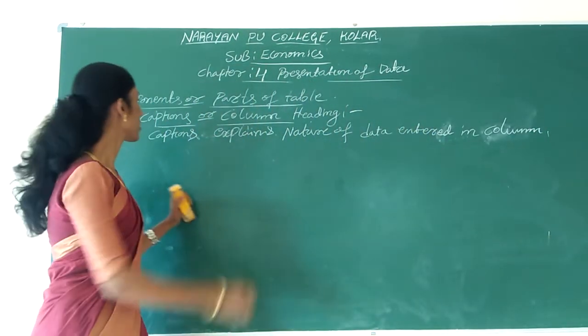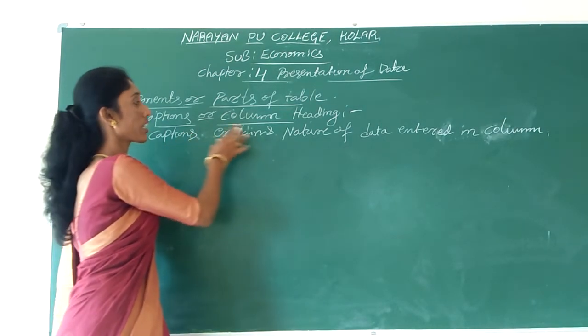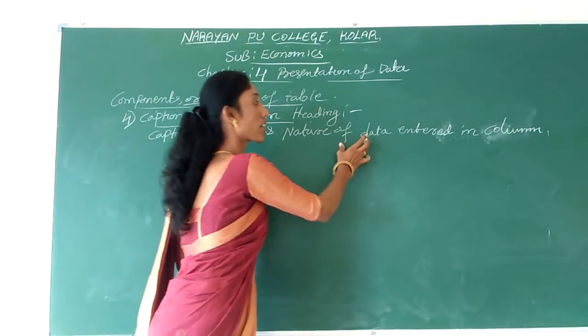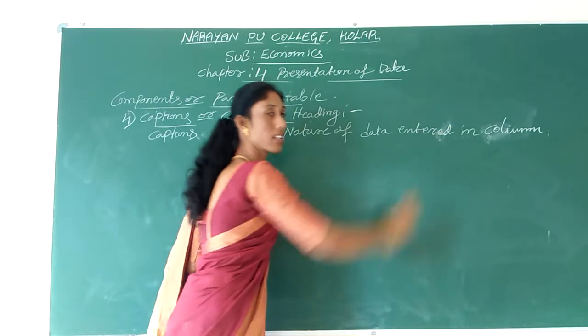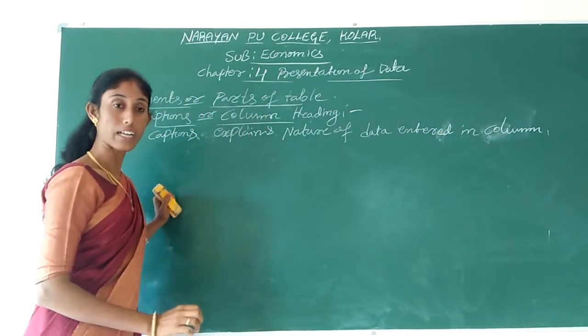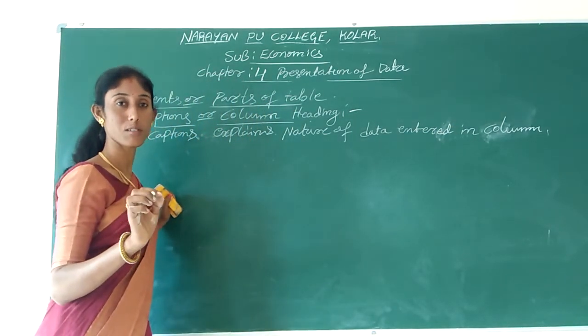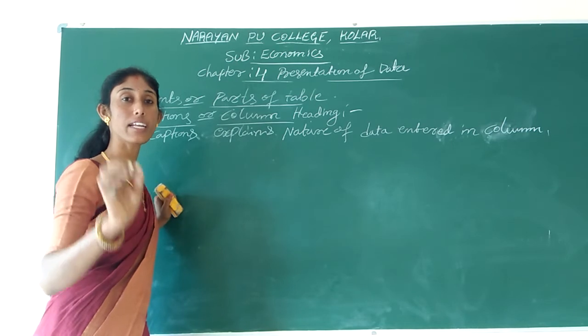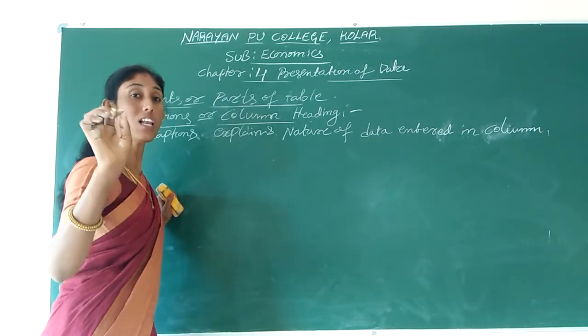Okay, got it? The captions or column heading explains the nature of data which we have entered in the column. And here, captions are nothing but headings for the vertical columns.